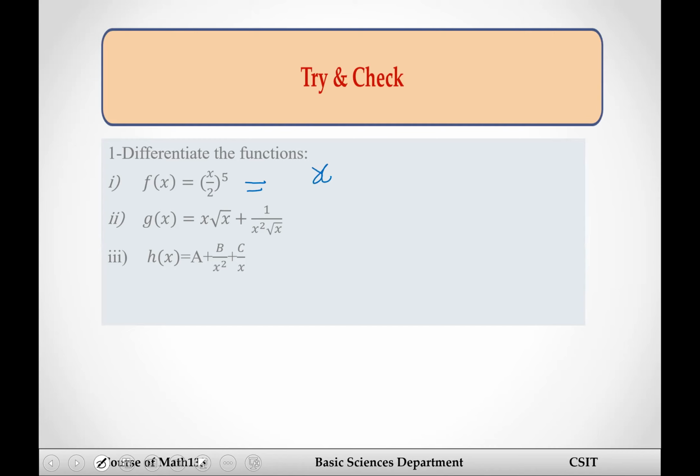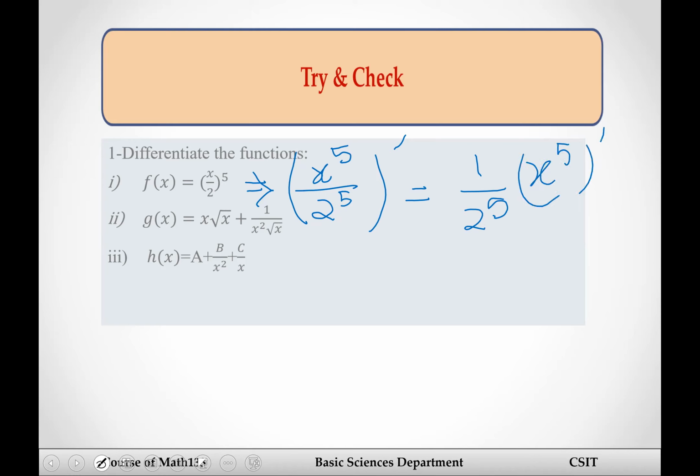That means we separate x^5 over 2^5. This 1 over 2^5 is like a constant c, so I will take it outside. So the derivative of this is equal to 1 over 2^5, that's my constant c, and then the derivative of x^5, that means 1 over 2^5 times 5x^4. And that's my final answer.